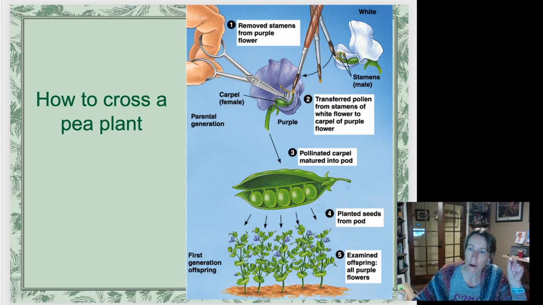Inside the flower you have the sexual parts of the plant. You can think of the eggs as being inside what's called the carpel, like the ovaries of the pea plant. And you can think of the pollen kind of as the sperm.